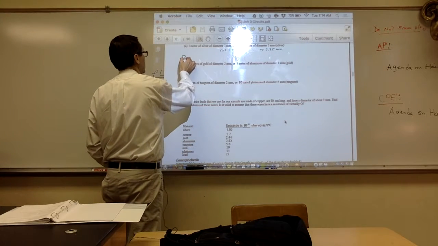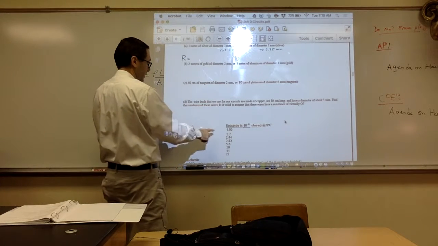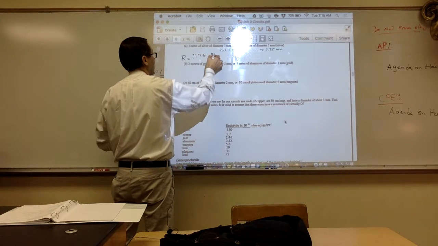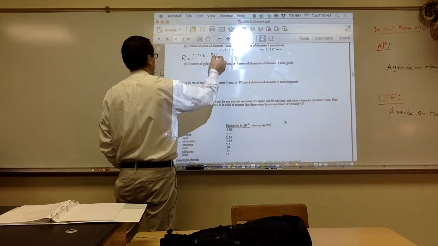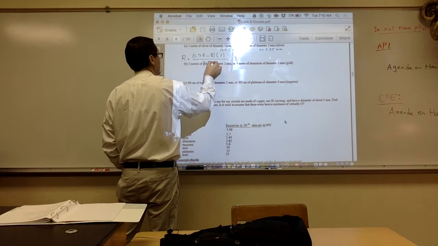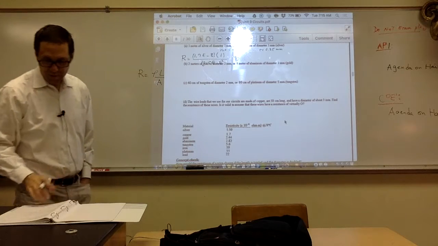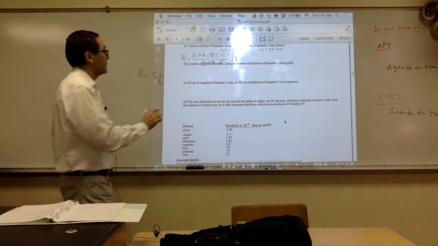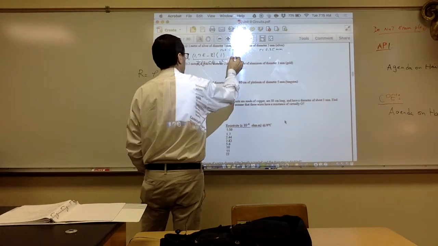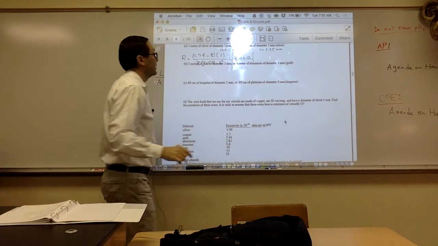So resistance here is equal to rho for silver, which is 1.7 times 10 to the negative 8 ohm-meters, times the length, which is 1 meter, divided by, now 0.5 has to be changed to meters first and squared, and there's a pi here, so it's pi r squared. You should get 0.02 ohms.